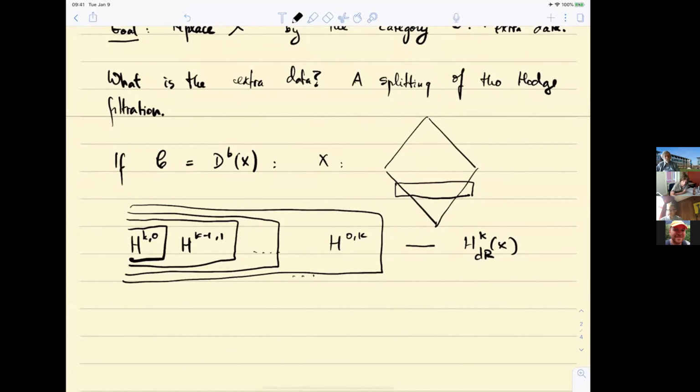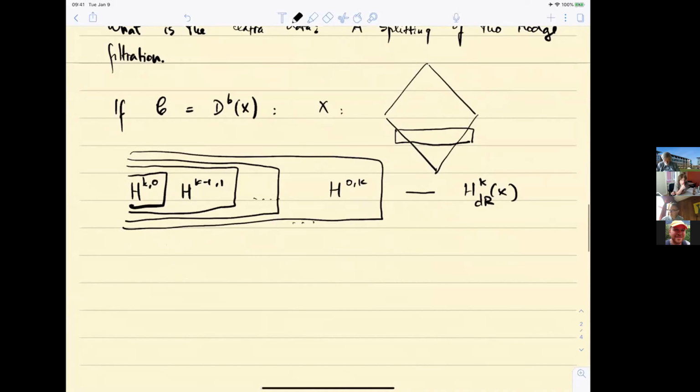In other words, H^{k,0} is a sub. There is some bigger piece which has a sub H^{k,0} and the quotient H^{k-1,1}, and so on.